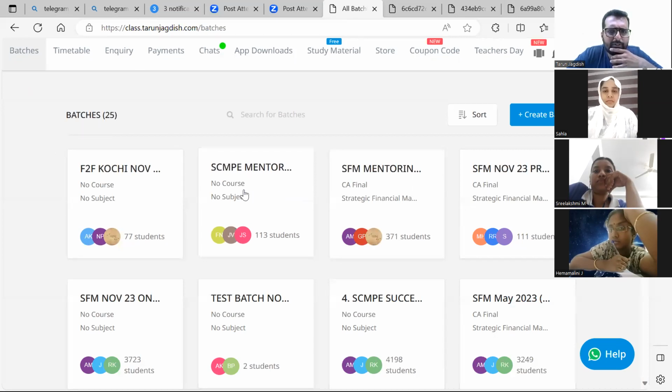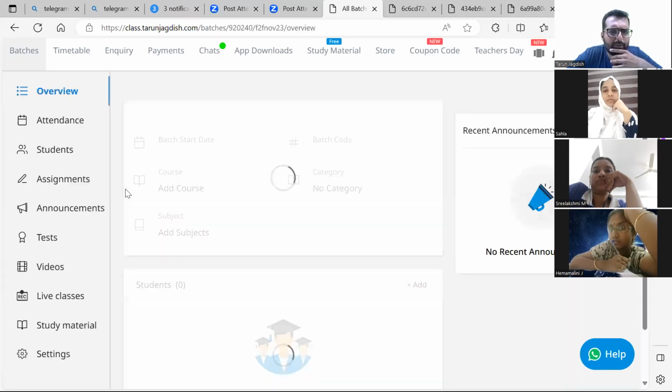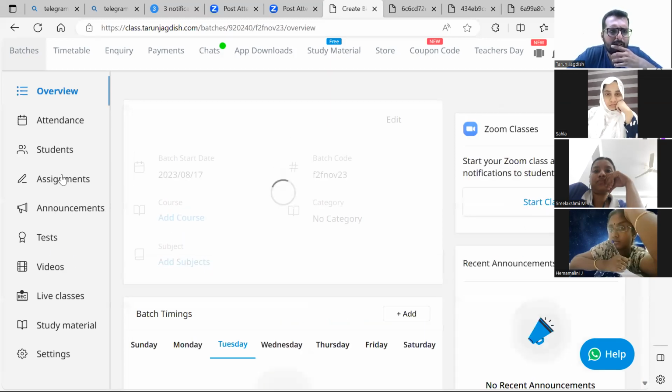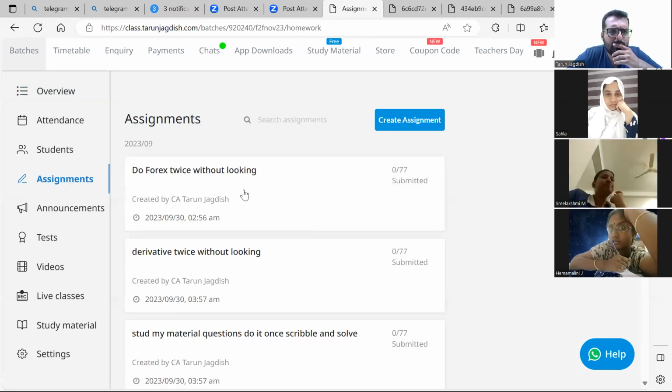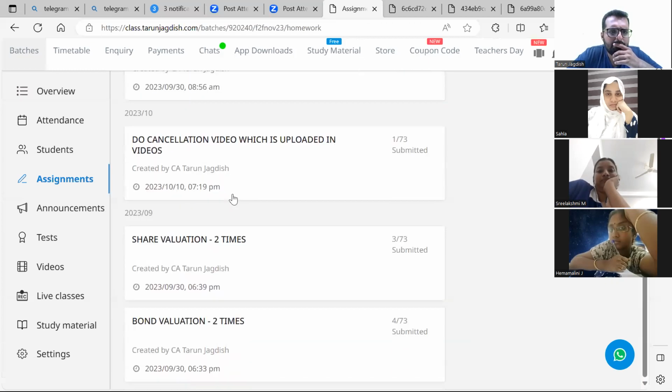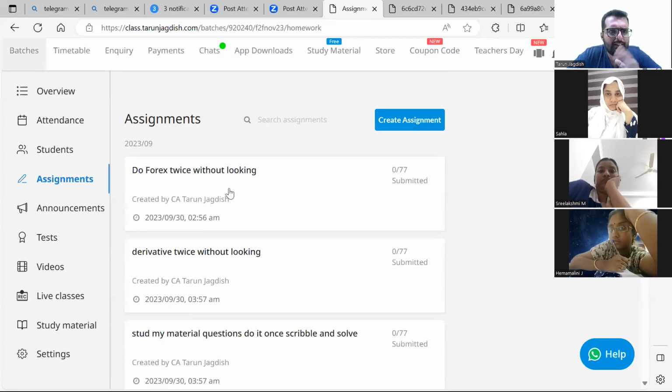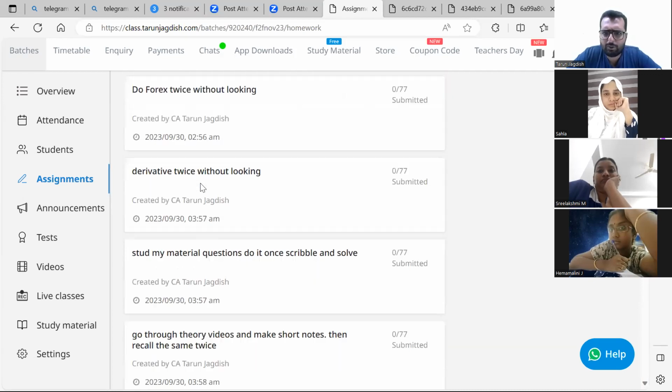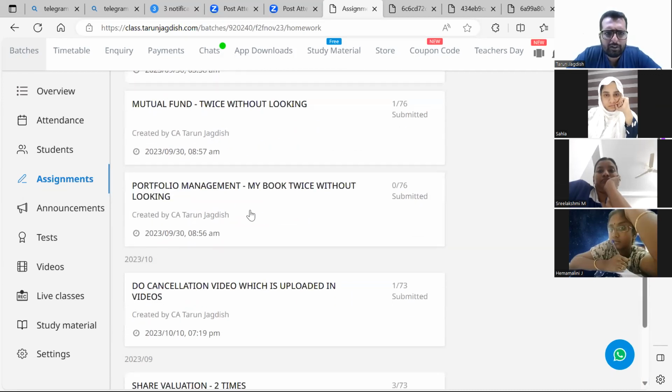I cannot see it here also. I'm confused. Assignments. We got it in the assignment section. Yeah, this is assignment section only. I cannot see that here. Is it coming under Forex by any chance? No, right? Exam test series 1 only.